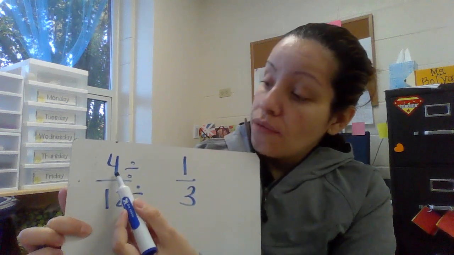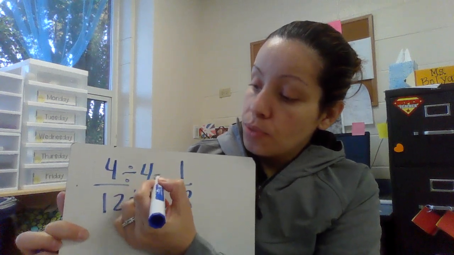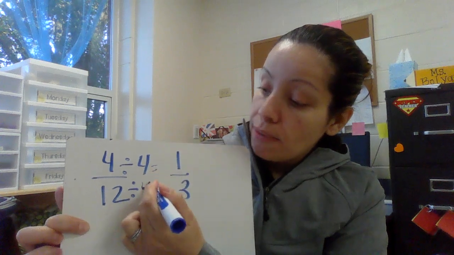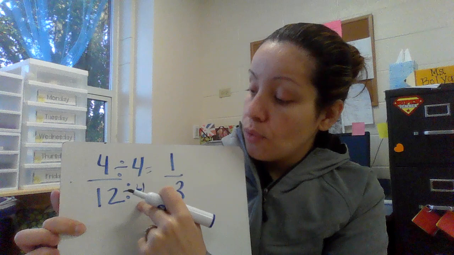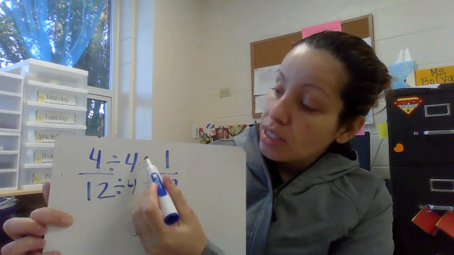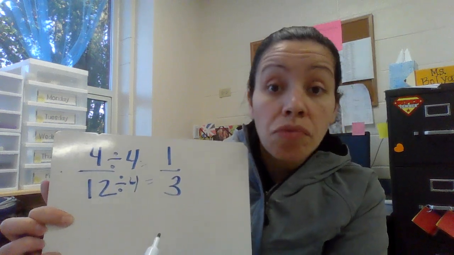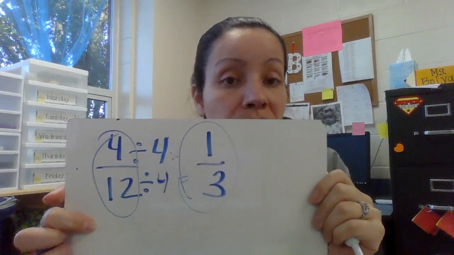So I know that if I divide 4 and I need to get 1, I need to divide that 4 into 4 groups, and that's equal to 1. Because I have to divide by the same number at the bottom, I automatically check and see 12 divided by 4 is 3. So yeah. Can I check backwards and say 1 times 4 is 4 and 3 times 4 is 12? Yep. So these two are equivalent fractions. They occupy the same amount of space.